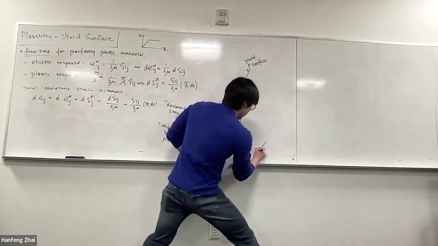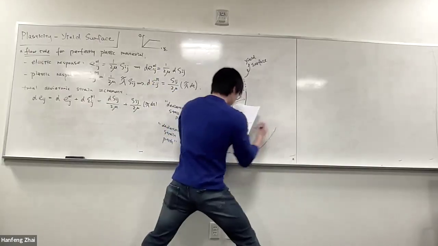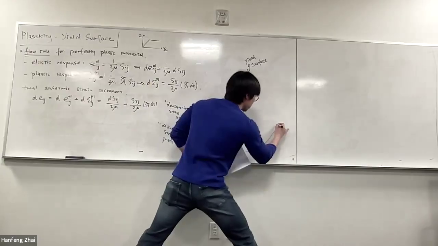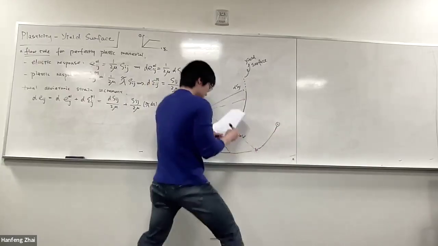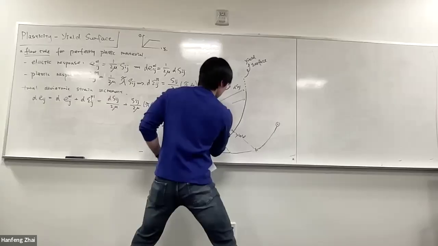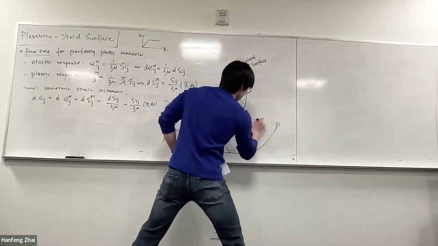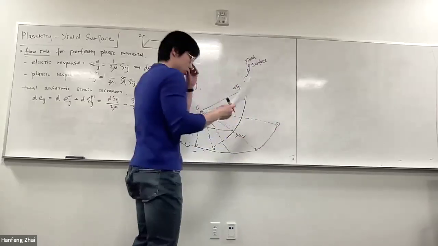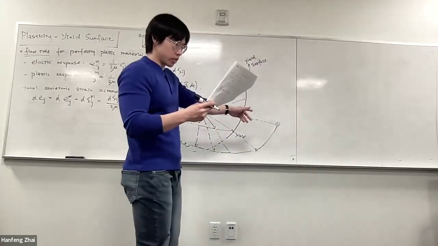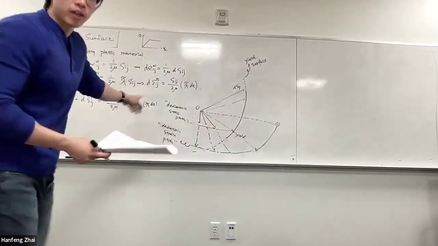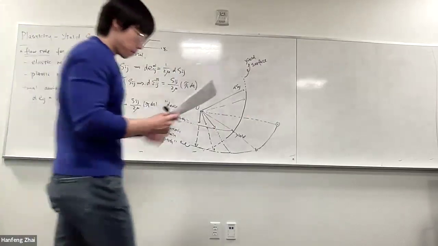And for any strain path, let's say if the strain follows this path, and at this particular point, you can calculate your deviatoric strain according to the fundamental equation of plasticity.